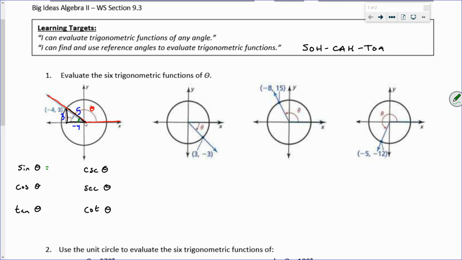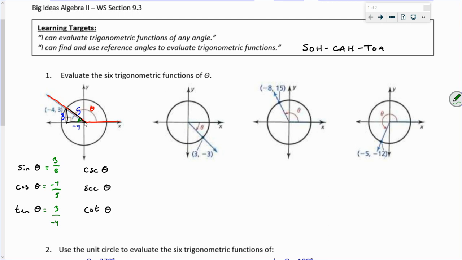So opposite of this green angle is 3 over the hypotenuse is 5. Adjacent to that green angle is -4, hypotenuse of 5. Opposite of that angle is 3. Adjacent is -4.